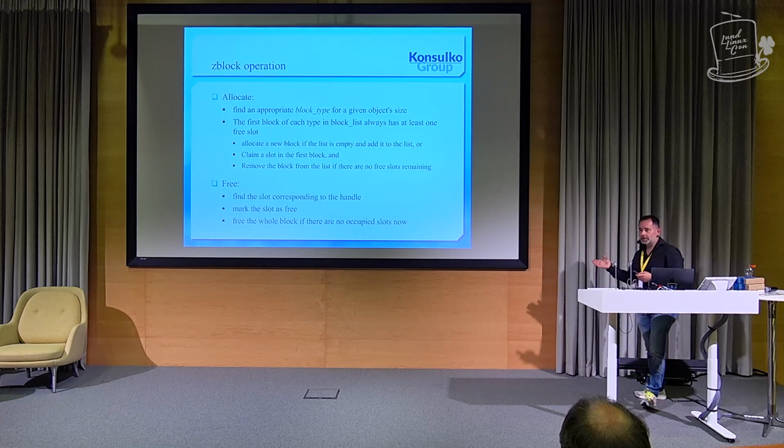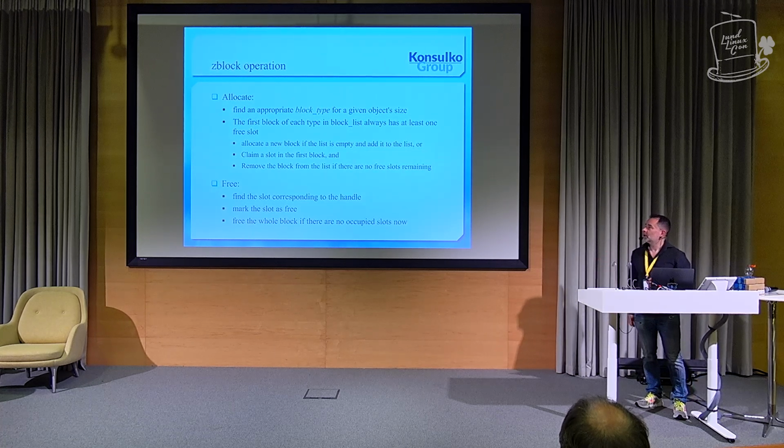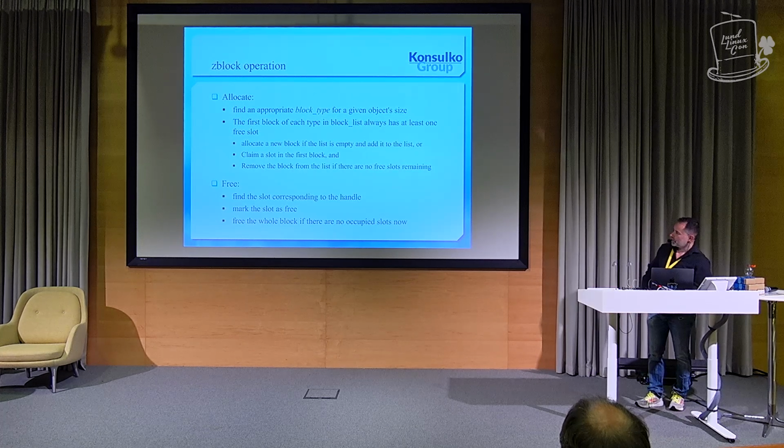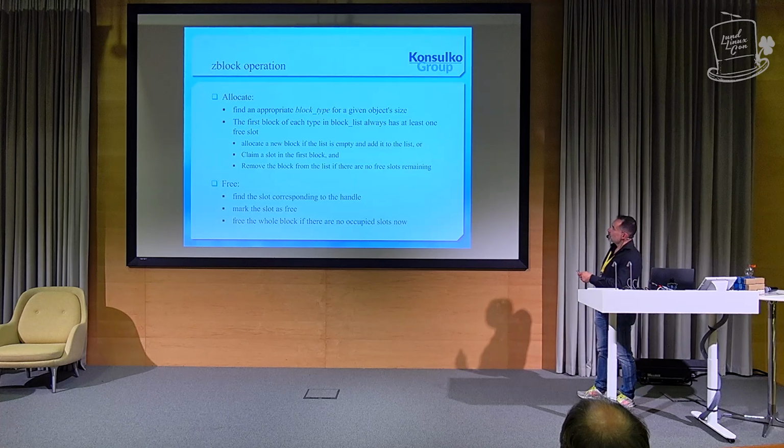So we just take this free slot. And if there are no more free slots, then we take this block off the list. And if there are no such blocks in the list, if the list is empty, then we need to allocate one. Freeing is kind of intuitive.